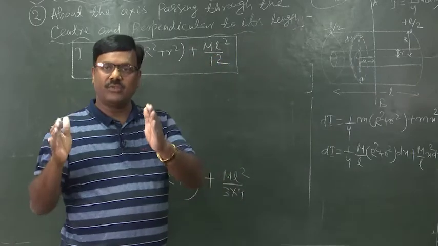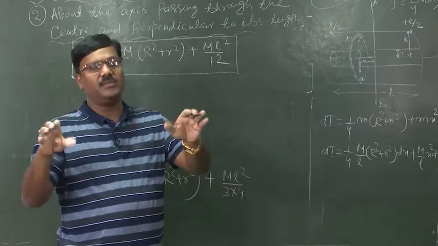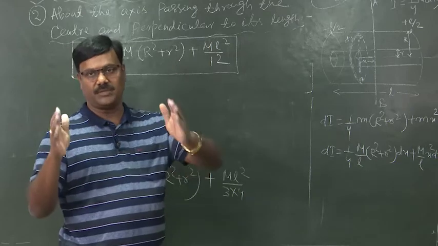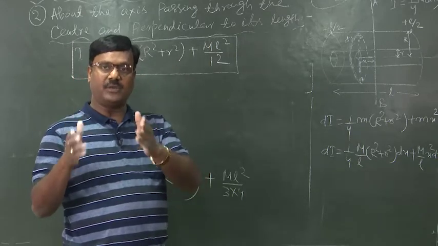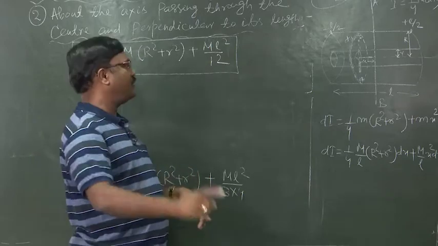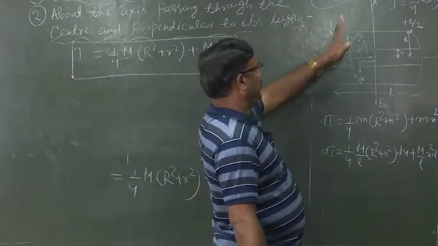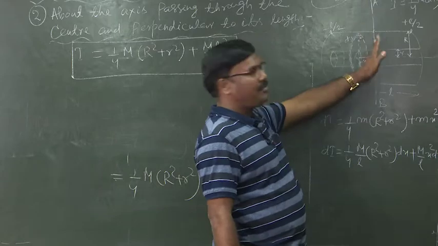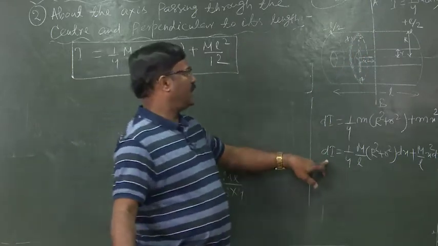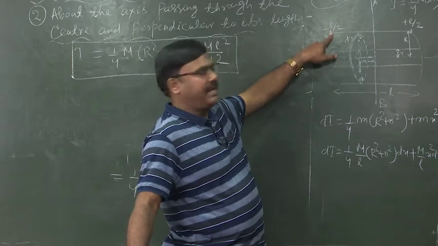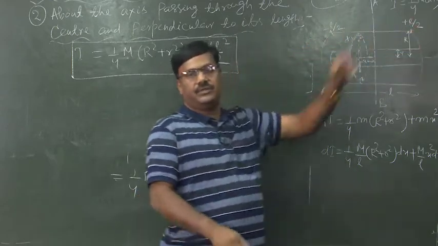Since the circular cylinder is nothing but the sum of a number of circular discs, hence the total moment of inertia of the circular cylinder about the axis AB can be obtained by integrating this equation within the limit of minus L by 2 to plus L by 2.